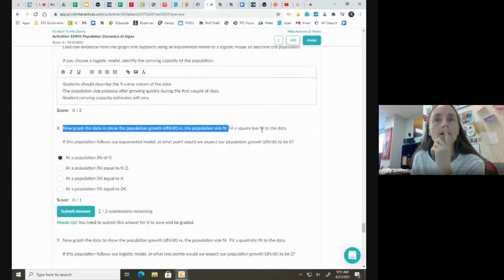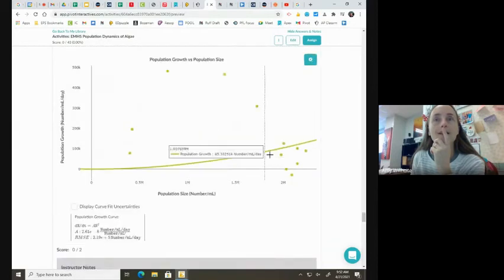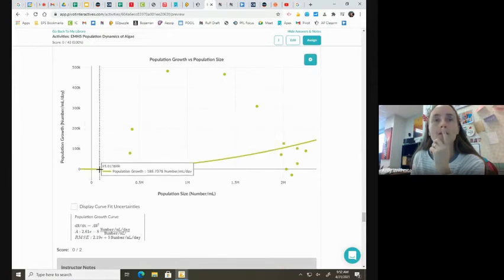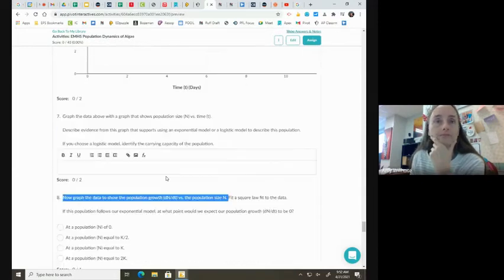The population follows our exponential model. At what point will we expect population growth to be 0? It's doing exponential growth, so when would we ever expect it to be 0? Well, at 0, because that's the only time it's going to be 0 if it's exponential. Okay, that's fair.